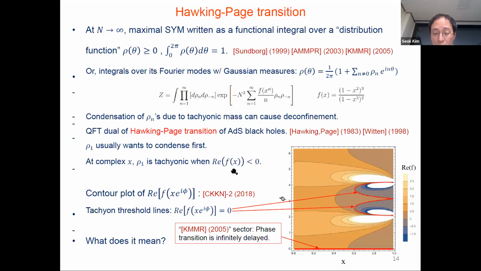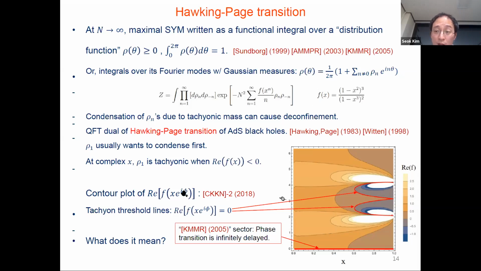Outside this region, the real part is positive, so no tachyonic directions are developed. Especially, the earlier work pioneered by Shiraz, Souvrat and others studied this behavior at real fugacity, on this line. On this line, this is always positive. Okay, so that's the reason.